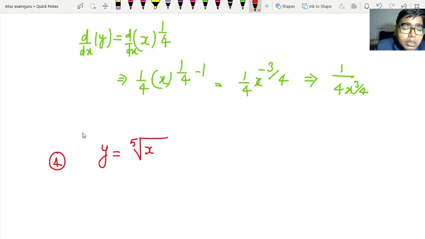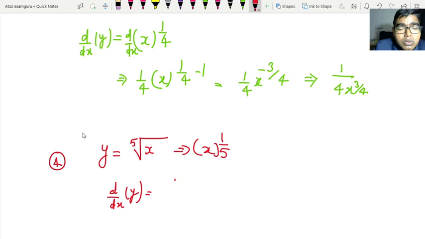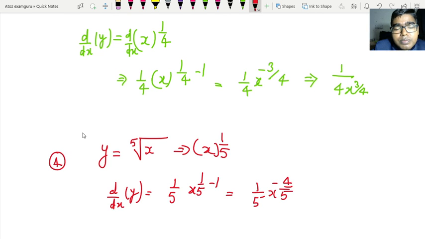What you will do is simply write this as x to the power 1 by 5. So d/dx of y is equal to 1 by 5 x to the power 1 by 5 minus 1, meaning 1 by 5 x to the power minus 4 by 5. So this is the answer.